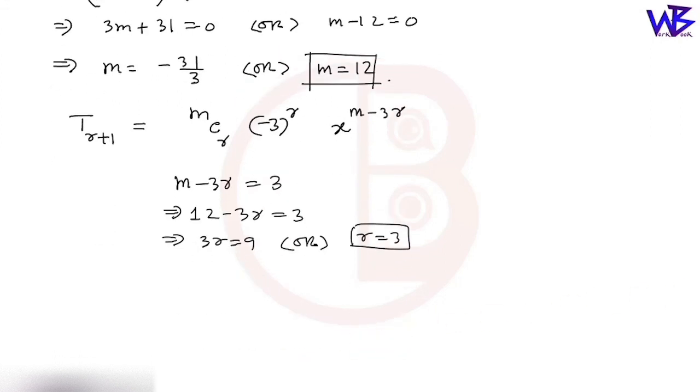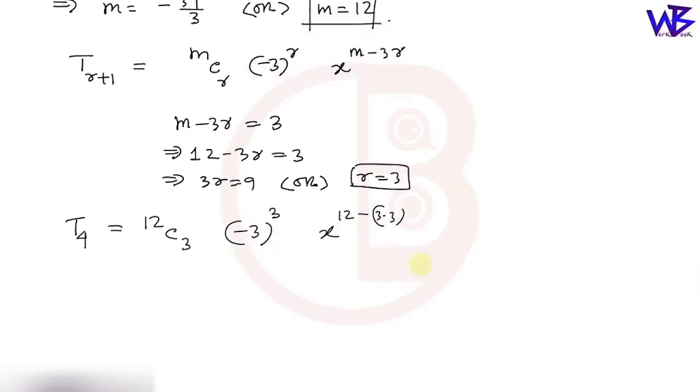So I will substitute the value of r in the expression of T(r plus 1). Then I will get T4 is equal to 12C3, because m is equal to 12 as we calculated earlier, into minus 3 to the power r, which is 3, into x to the power 12 minus 3 times 3.